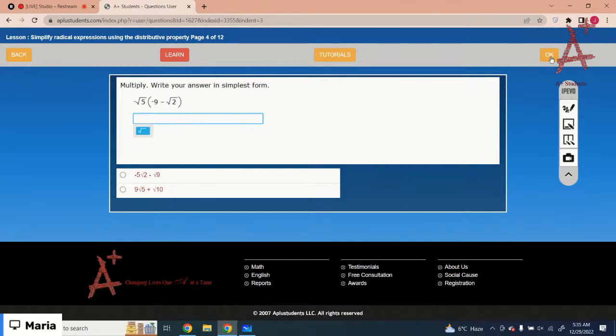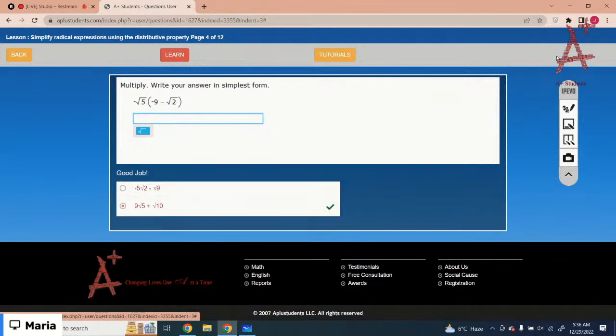So the correct option is option number 1. Got it? Option number 2 is the correct one. It would be 9 square root 5 plus square root 10. Got it? So just select the correct option, then click on the OK button.